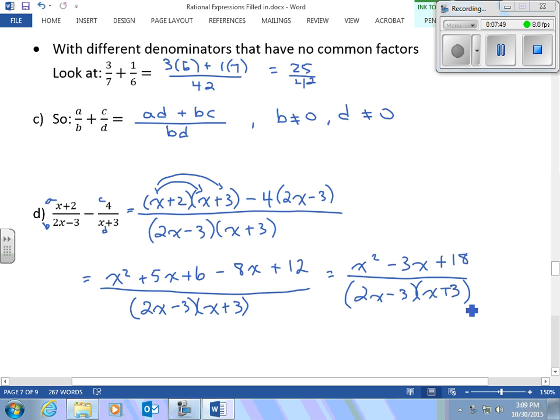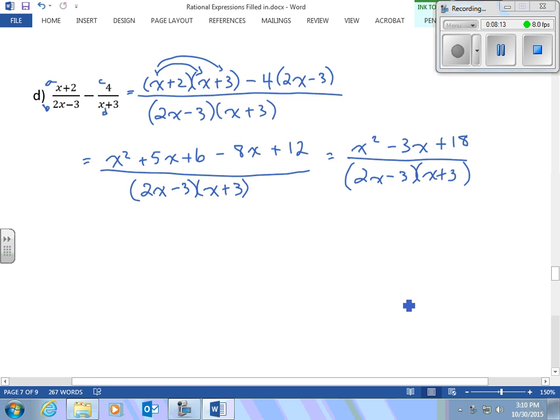Now that numerator looks like it might factor. So if it does, it'll be factoring by inspection. So I need two numbers that multiply to give me 18, add to give me negative 3, and I think negative 6 and positive 3 will work with that. Let me just scroll here and give myself a little more space.